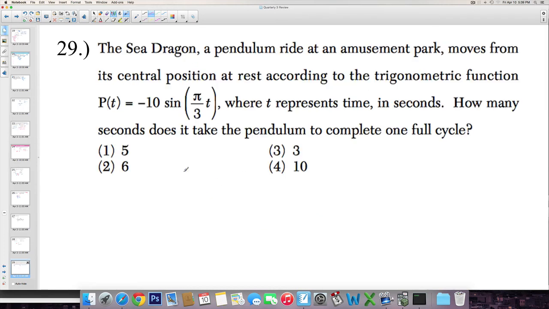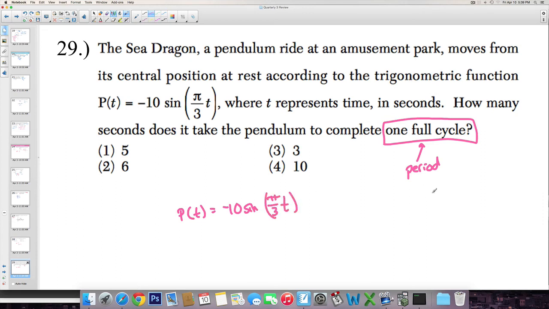We have a ride at an amusement park, and it moves according to this trigonometric function. How many seconds does it take the pendulum to complete 1 full cycle? So this here is the definition of what the period represents in a trig function. So 1 full cycle, that means the period. So we have a function here, p of t equals negative 10 sine pi over 3t.